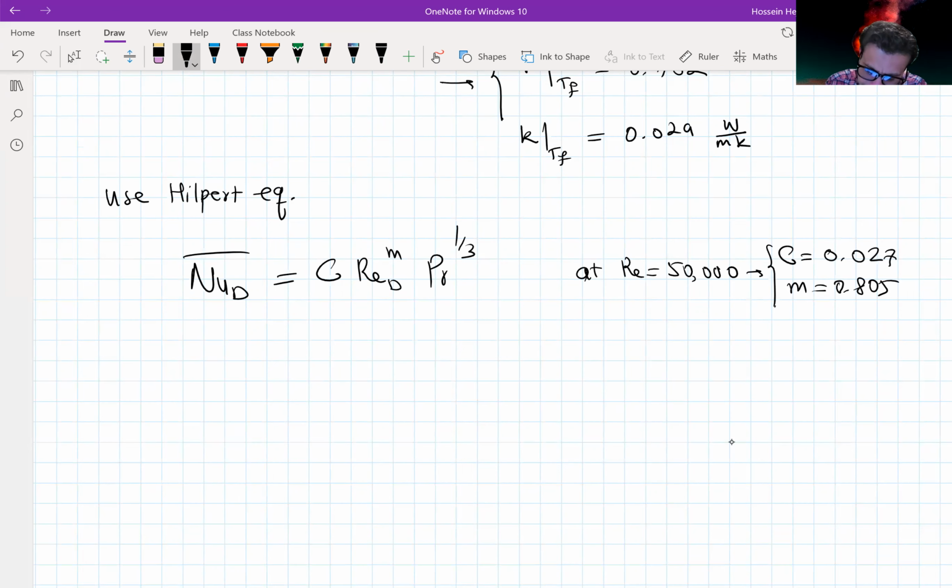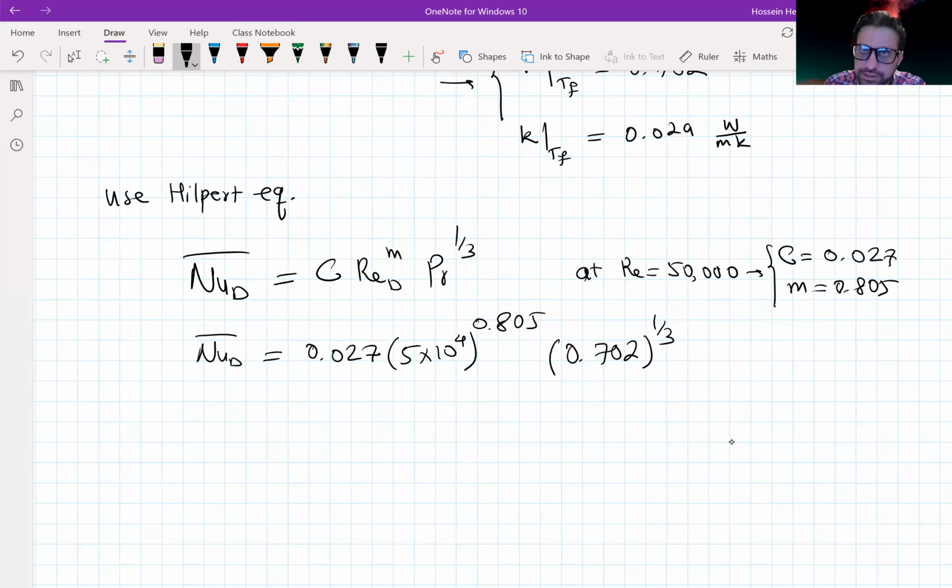So the Nusselt number of D would be 0.027 times 5 times 10 to the power 4, to the power of 0.805, and Prandtl is 0.702 to the power of 1/3. So we are getting 145.5, and it's going to be hD divided by k.